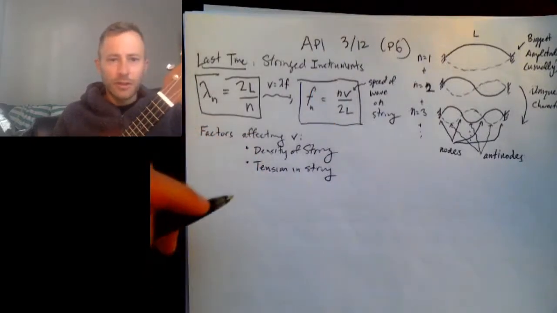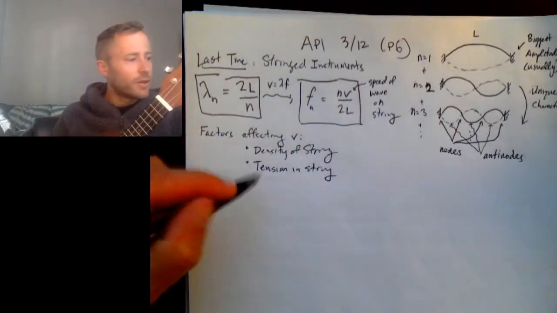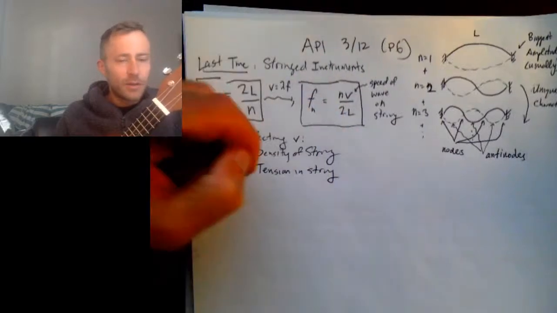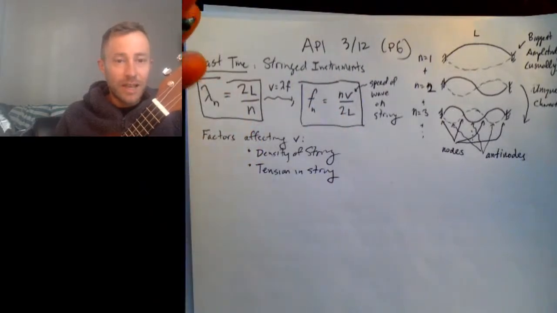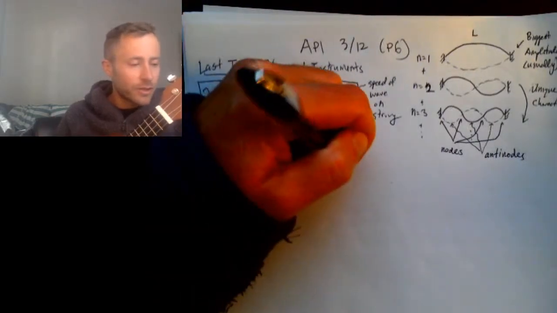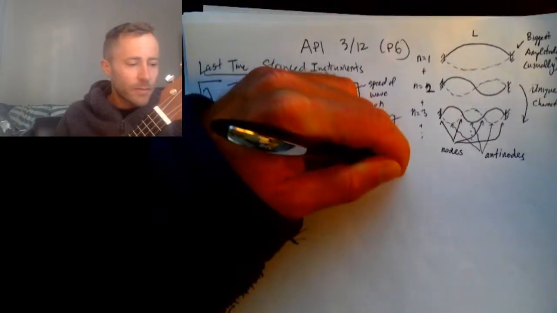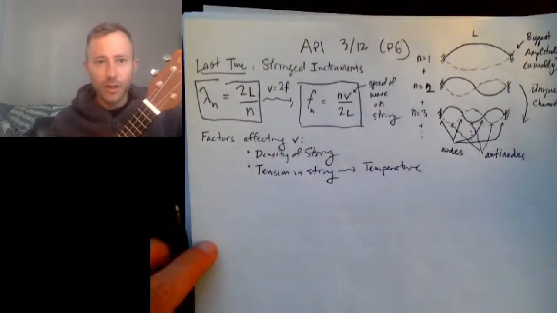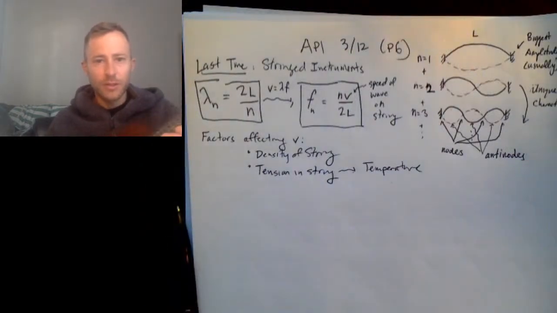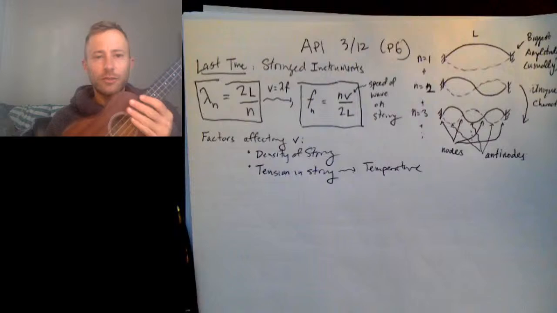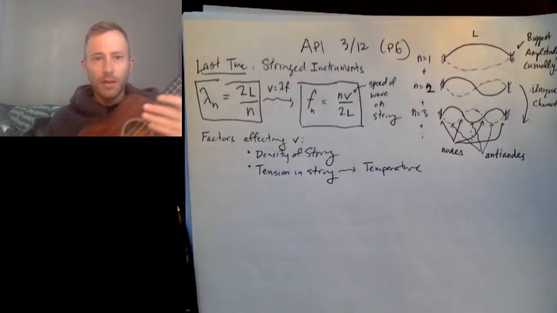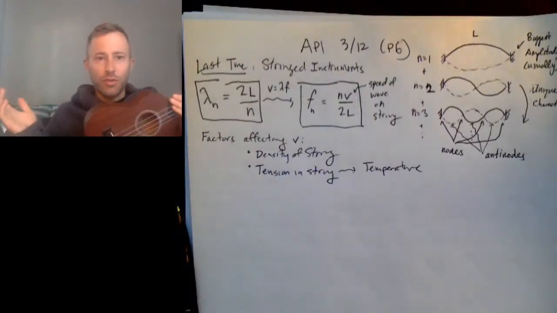One of the interesting things about this is that actually tension or temperature can have an influence on the tension in the string. So what happens is if the strings get cold, they tend to contract.